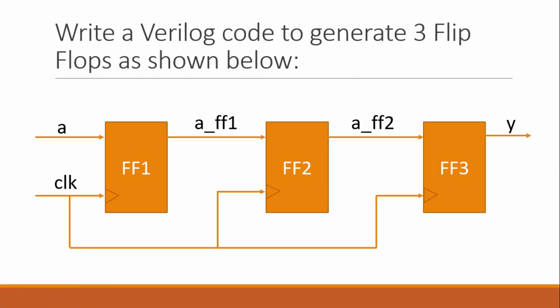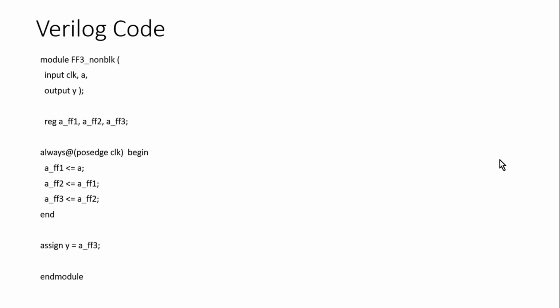Friends, let us start our video with a very simple problem statement. In this question, you have A as input, clock input, Y is output, and we have to put 3 flip-flops in the middle. Now let me tell you the Verilog code. It is very simple. We already discussed it in my previous video. We have to take 3 registers, A_FF1, A_FF2, A_FF3.